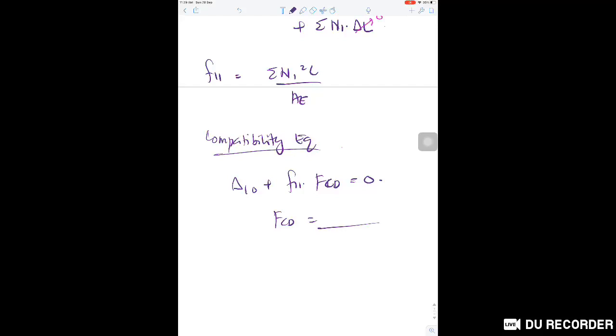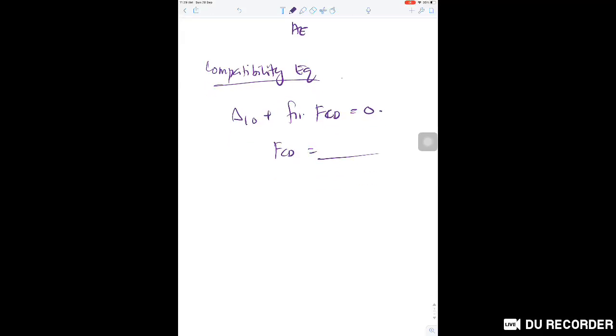Okay, so the answer is not final yet because this is just the redundant value. So we need to continue to determine the remaining reaction using superposition method.